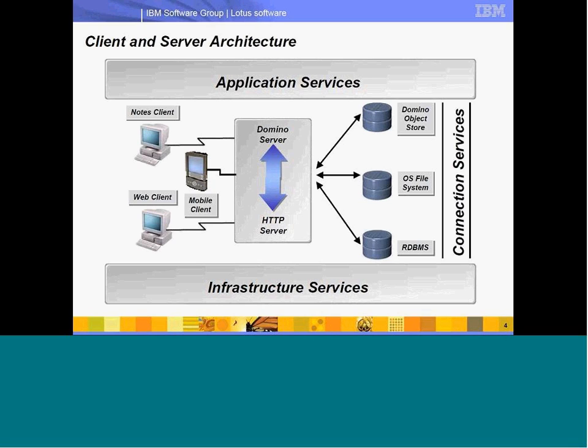So we have 3 different clients and 1 server. And we talked about that there are different types of servers also available: utility server, enterprise server, and message server. Messaging server is basically for messaging purpose, only for sending and receiving mail. Utility server, we use for applications.